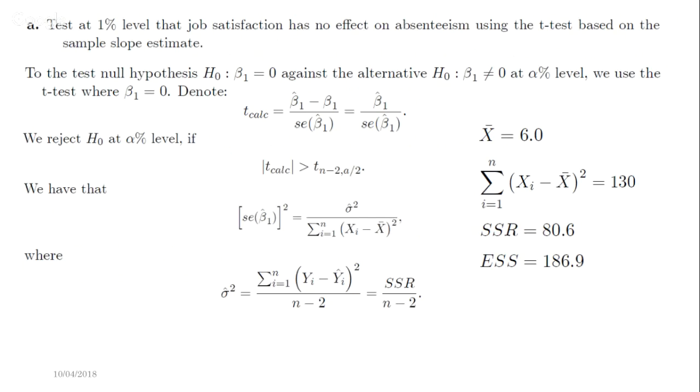We have u squared over n minus 2. In this case it is the variance of the residual, and that thing here is the SSR, the sum of squares of the residual. You follow?